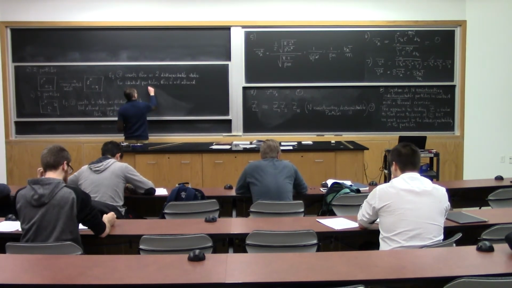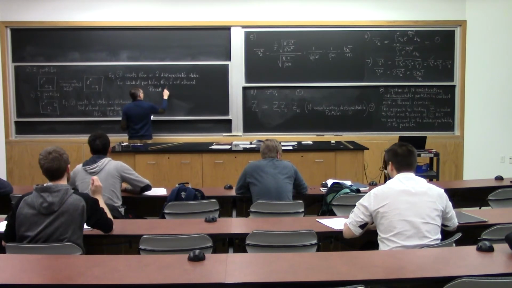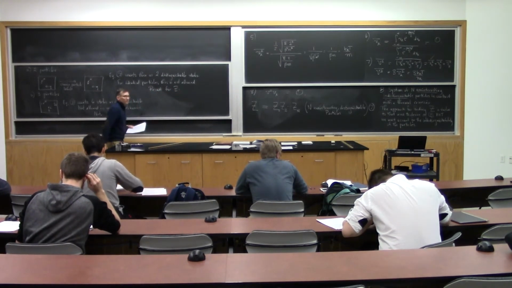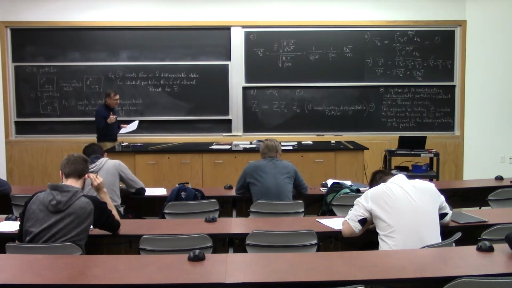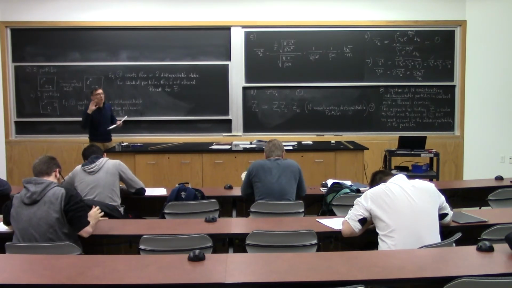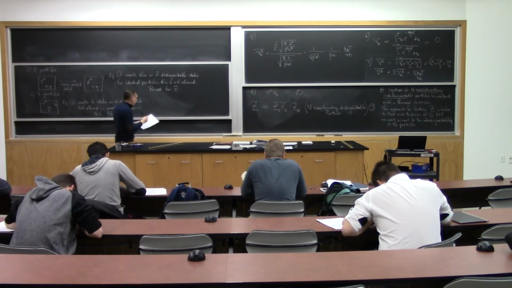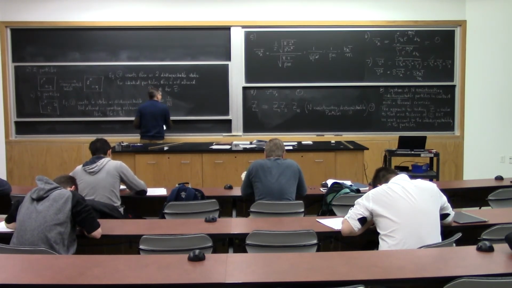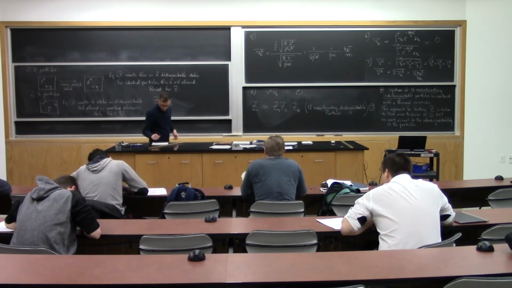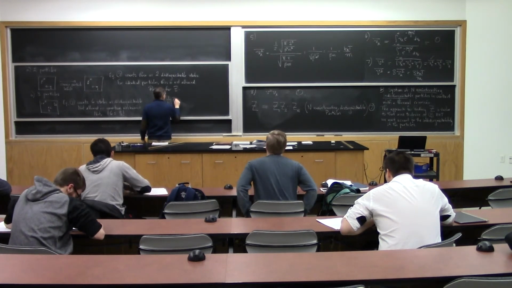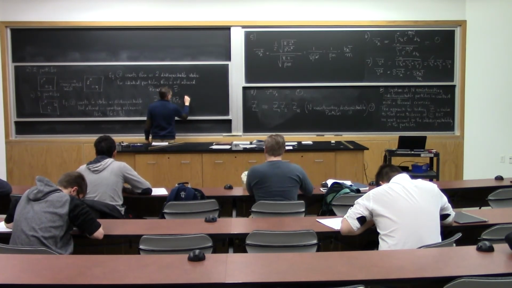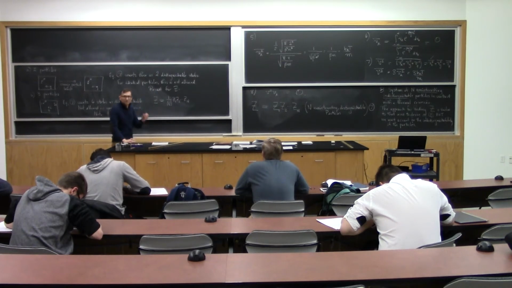Okay, so the result for Z, for n non-interacting, identical, or indistinguishable particles is 1 over n factorial times Z1 times Z2 times Zn.